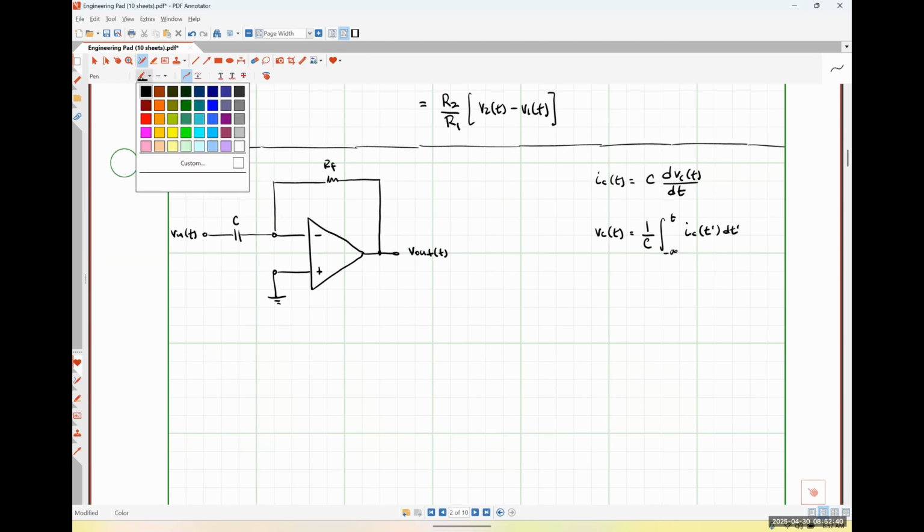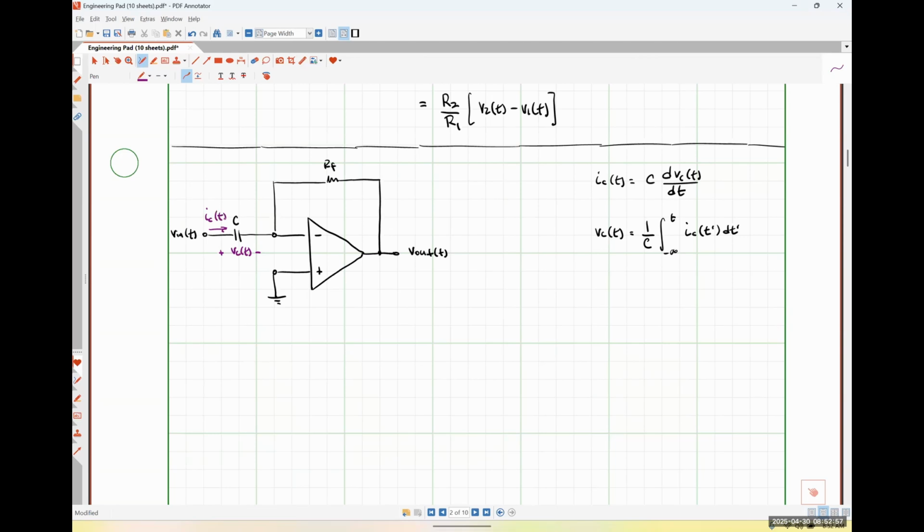So I'm going to say that the voltage drop across my capacitor has the positive polarity terminal on the left, and the current flowing through my capacitor is defined as flowing into the positive polarity terminal of that voltage VC.